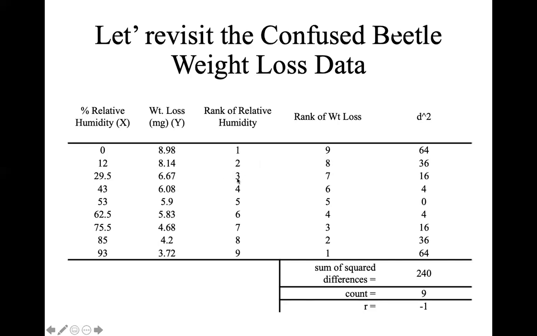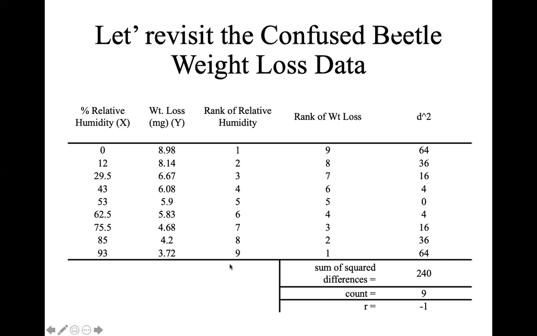The third lowest relative humidity is paired with the seventh highest weight loss. And so whenever you see a data set that is structured like this, you should just intuitively guess that it's going to be -1. That's just the way this particular data set happened to have turned out.